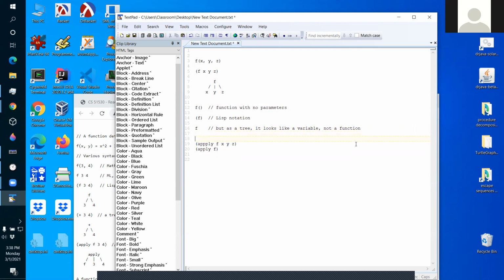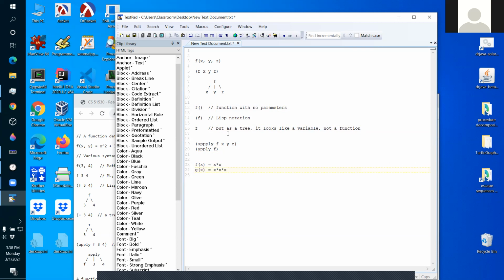But here's even a better reason to use the apply notation. What if I want to do something funny? You don't do this in C, but you could, though you usually don't. Look at something like this. Suppose I have a function f of x is, say, x squared, and a function g of x is x cubed.